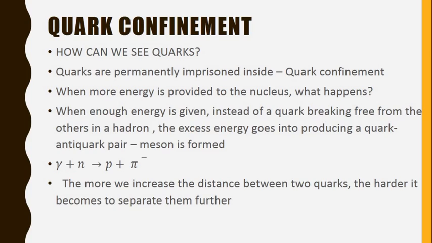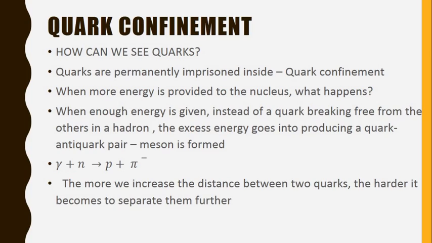So what happens when we provide more energy to the nucleus? We know that when more and more energy is provided to the atom, an electron will absorb that energy and get out of the atom. But when we provide more and more energy to the nucleus of an atom, what happens? We can think that the proton and neutron will escape, or that they will split into their quark components.